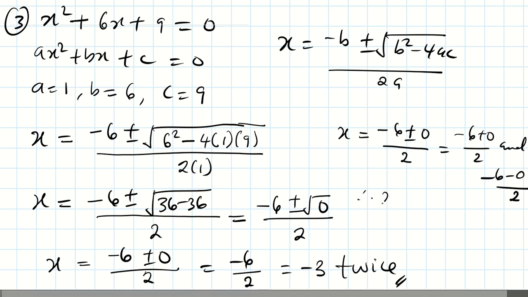So therefore our x is minus 6 over 2, and minus 6 minus 0 will give us minus 6 over 2. So x is therefore minus 3 and minus 3. That's how we say x is minus 3 twice.